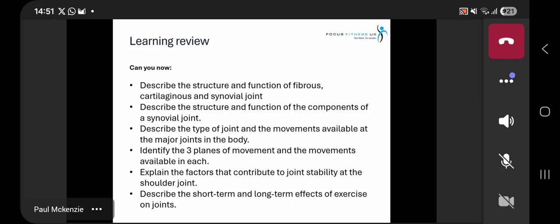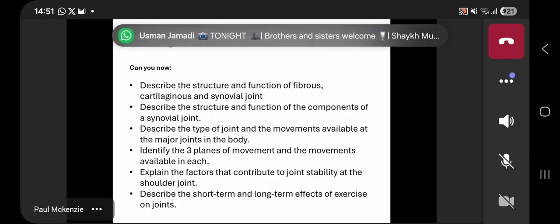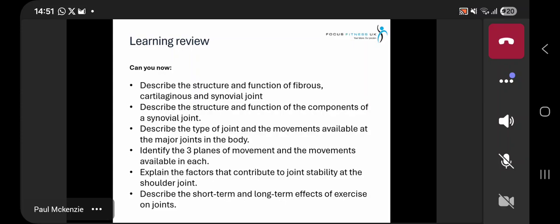Describe the type of joint and the movements available. So we talked about hinge joints, so typically flexion extension. So if you have the shoulder joint, let's do it that way. The shoulder joint is going to give you nine different ranges of motion, so abduction, adduction, extension, flexion, and all that stuff.